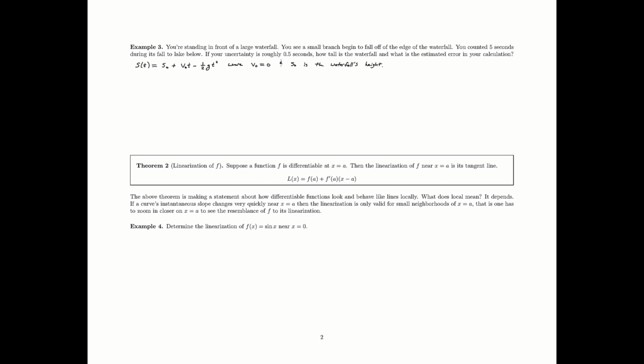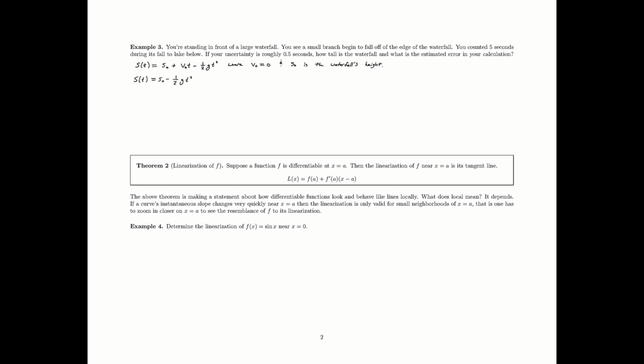So let's go ahead and get started on this. Let's fill this in then. So using this information, we have s of t equals s naught minus 1/2 gt squared.